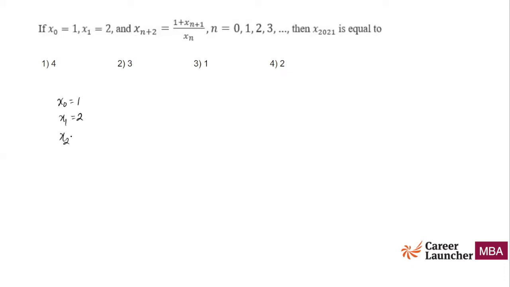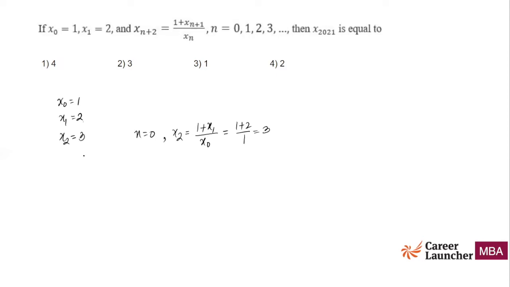If I want to figure out this x2, then the value of n I will have to put is 0. So if I put n is equal to 0, I will have x2 is equal to 1 plus x1 whole divided by x naught. I do know the value of x1 and x naught. So this becomes 1 plus 2 upon 1, which gives us 3 as the answer.